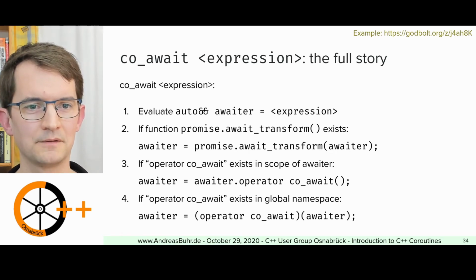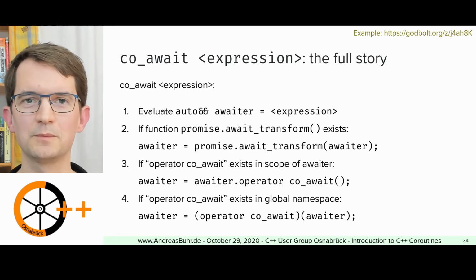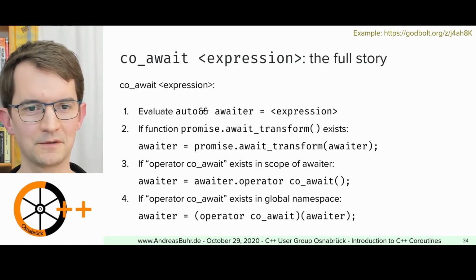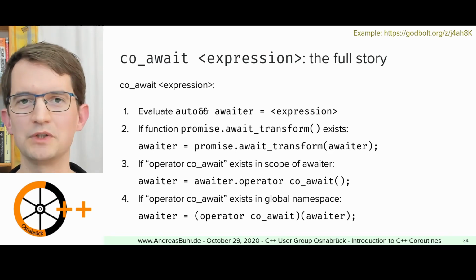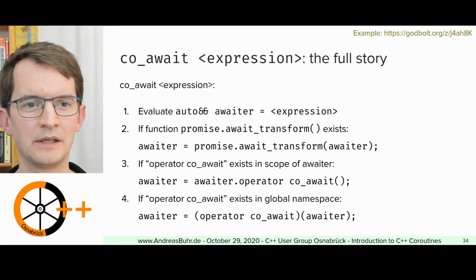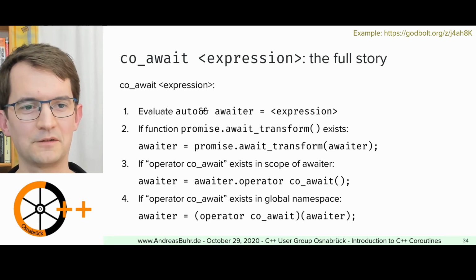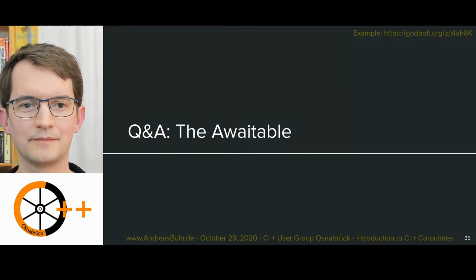And then the compiler looks whether the object it got has a co_await operator. If it exists, it is called. And then finally in the global namespace, the compiler looks for a co_await operator which it can apply to that awaitable. And only after that the awaiter is used.